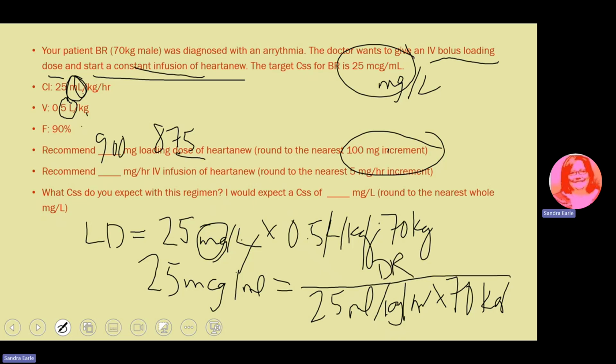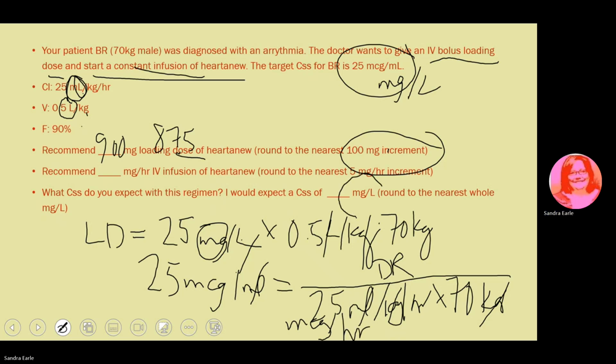Because we're giving it IV, the bioavailability is 1. Our kilograms will cancel, we have milliliters per hour, the milliliters will cancel, and our answer is going to be in micrograms per hour.